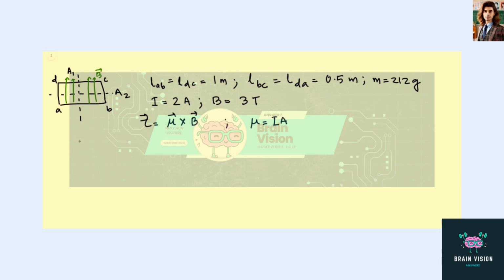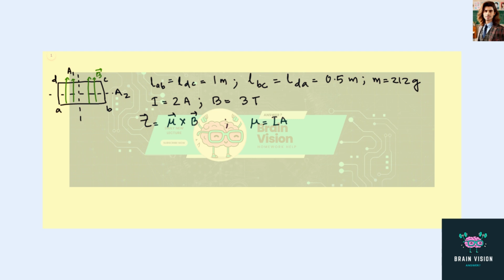Whichever the case, there will be no torque about A1, because the cross product will just be zero, but there will be a torque about A2, because the torque is only along the top and bottom sides of the coil.